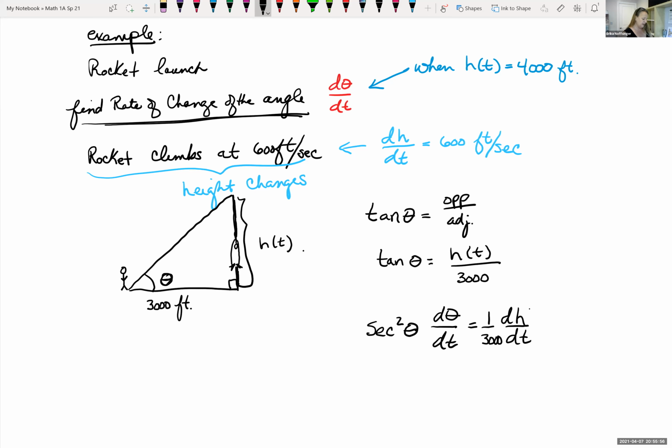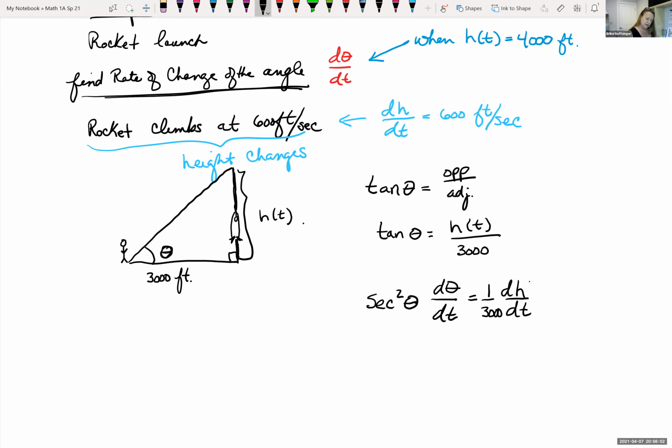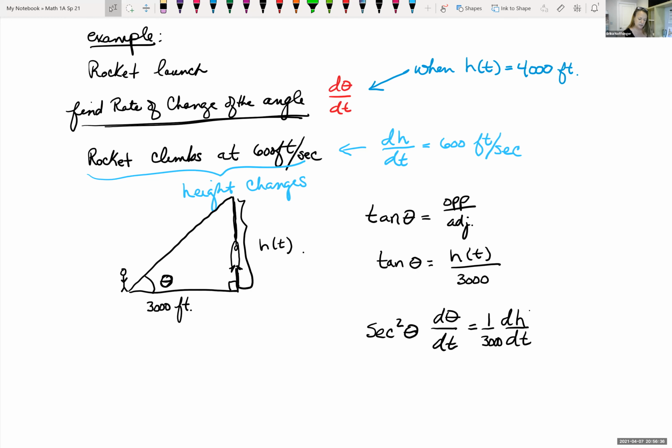Now we want to plug in stuff. We're trying to find the rate of change of our angle. Let's go ahead and put in what we know.